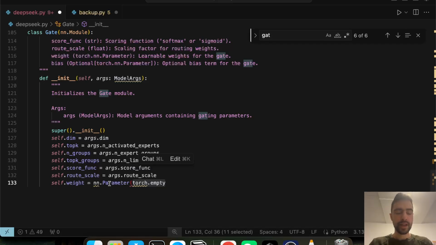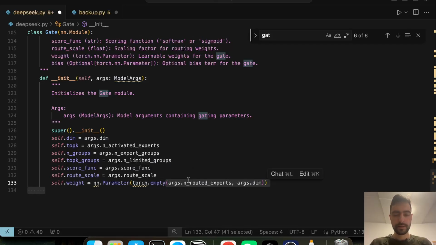Here the weights are gonna be n parameter, and it will have these dimensions. N routed experts and dimensions. So this is the number of experts, this is the token embedding dimension.